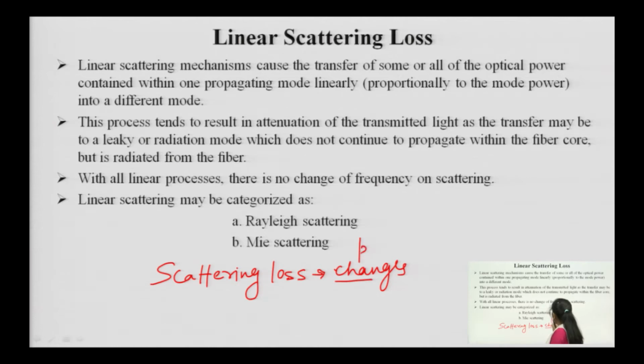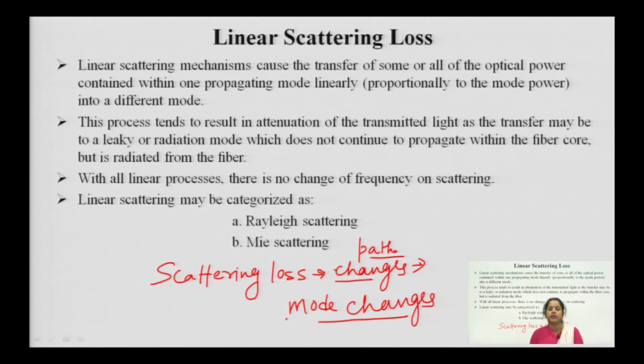If any changes occur in the propagation path, then scattering loss will occur. Whenever there is a disturbance in the path, there is also a change in mode. Always keep this in mind: whenever there is a path change in the light propagation within the optical fiber, the mode of the optical fiber also changes.